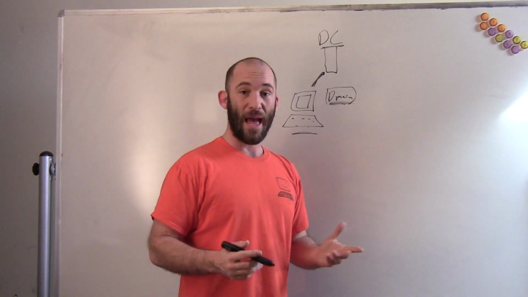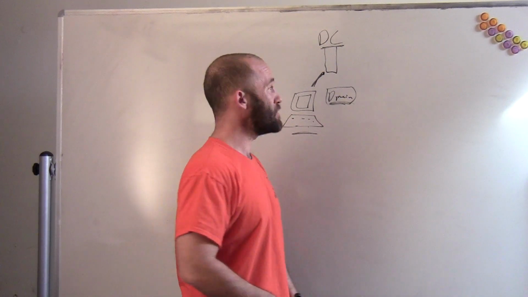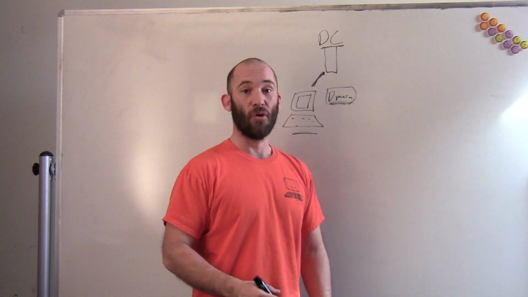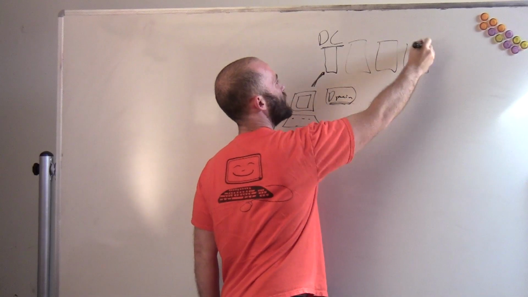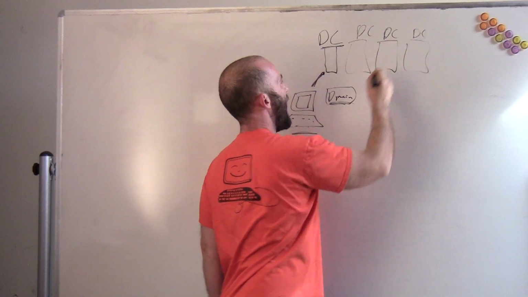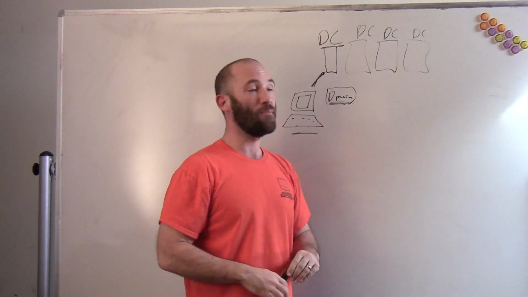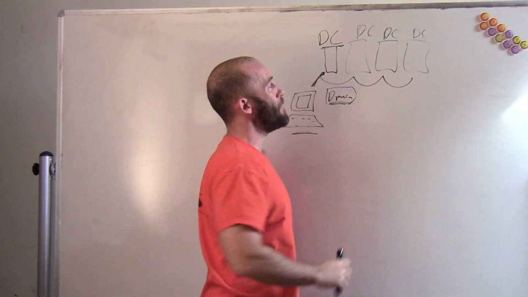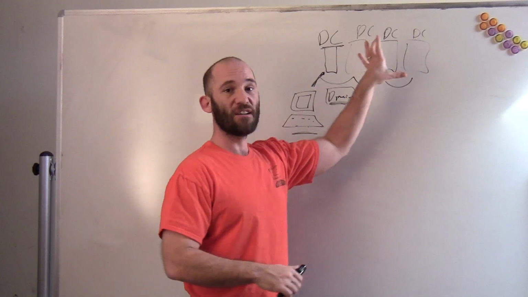So what you can do now in the Server 2012 world, and actually this goes all the way back to the Server 2000 world, is you can add multiple domain controllers to the domain. So I can have, let's say, 4 different DCs here. And if one fails, or if one is getting hammered too hard by too many users, you can have fault tolerance and load balancing across all of these different domain controllers. This is called clustering.